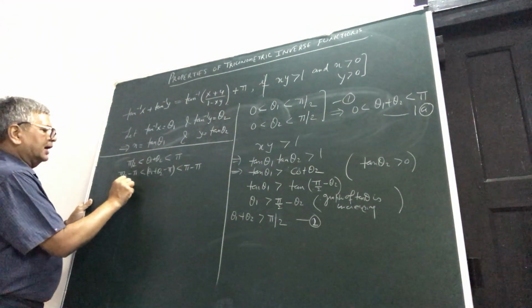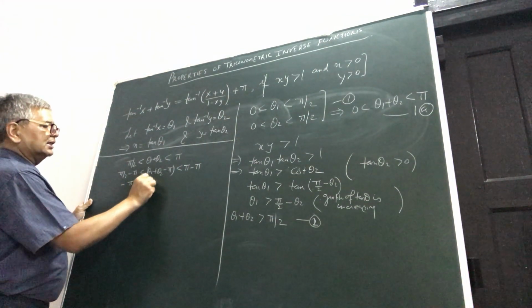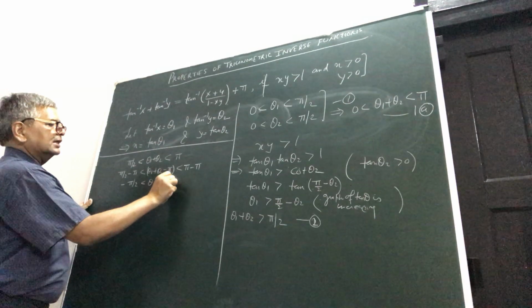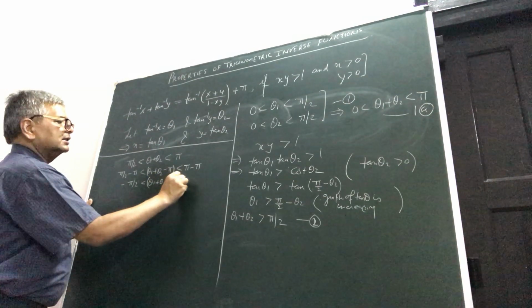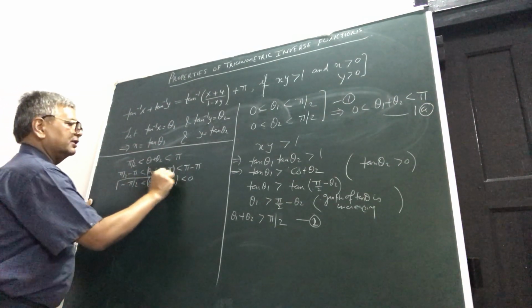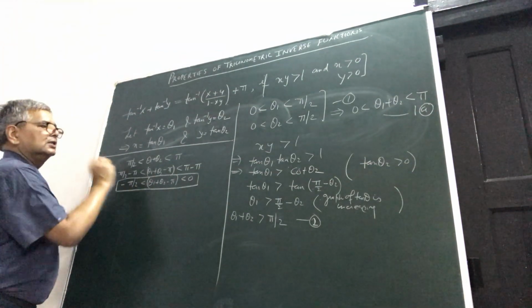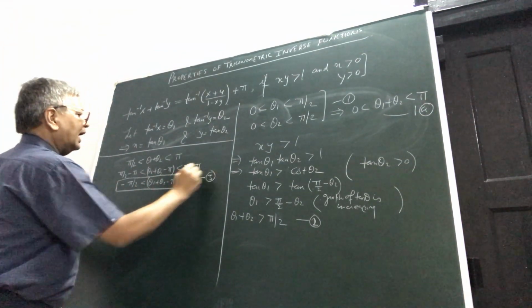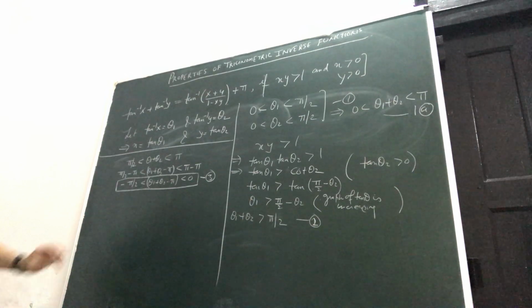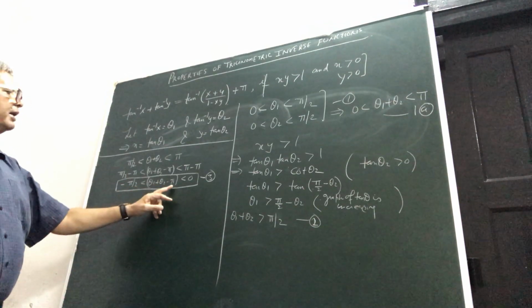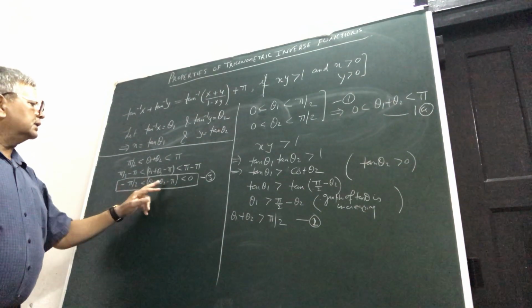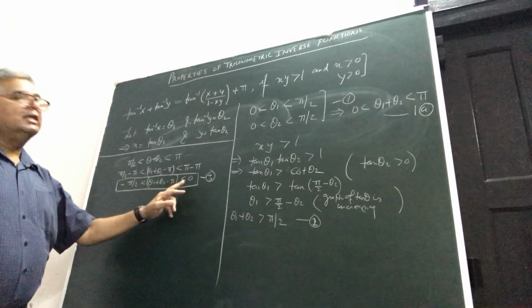So you get minus pi by 2 is less than theta 1 plus theta 2 minus pi, and this is less than 0. This is our result 3, and this is the main result which we are looking for, because now we have been able to bring theta 1 plus theta 2 minus pi within our principal branch.